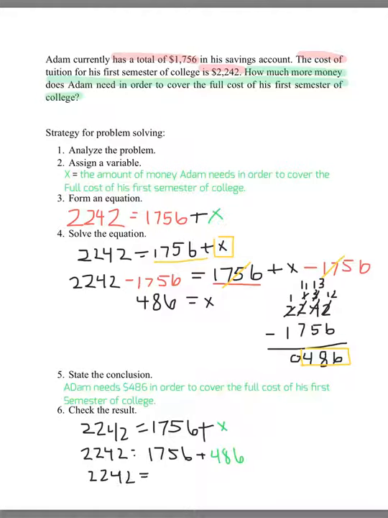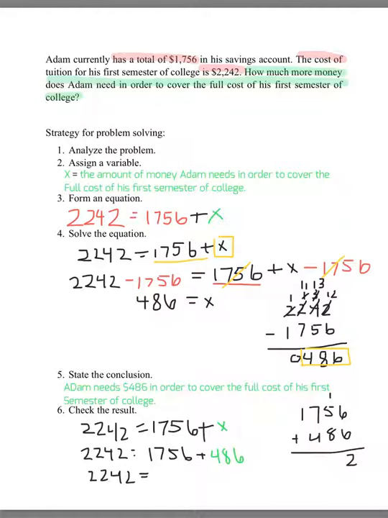Now on the right-hand side, we have to sum these two numbers up. So we're going to have to do 1,756 plus 486. Let's see. So again, start off with the furthest numbers to the right. We're going to have a 6 plus a 6. That's going to give us a 12. We bring down the 2 and carry the 1 on over. So now we have 1 plus 5 plus 8.